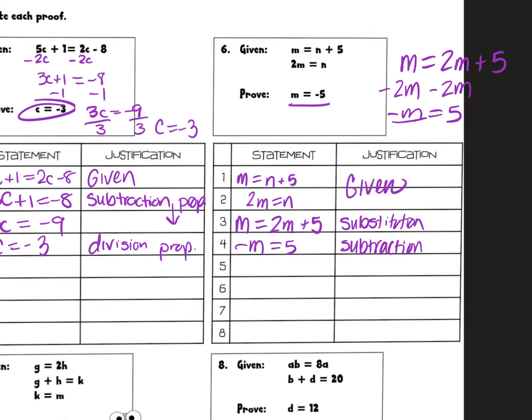And then divide or multiply by negative 1. I like to divide. All right. And we got m equals negative 5 as our final answer.